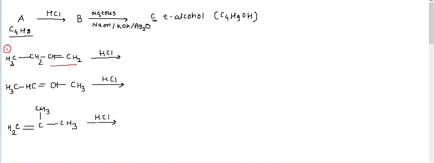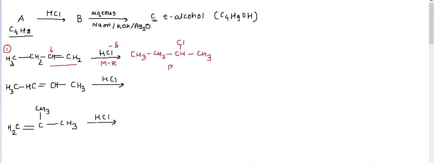So let's add this unsymmetrical reagent to an unsymmetrical alkene. Now we have to apply Markovnikov's rule, which says the negative part of the reagent gets added to the carbon which contains fewer hydrogen atoms. So here we are going to add chlorine to this carbon and hydrogen to the other. So we will get CH3, CH2, CHCl and CH3.